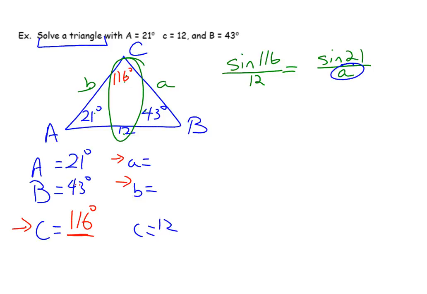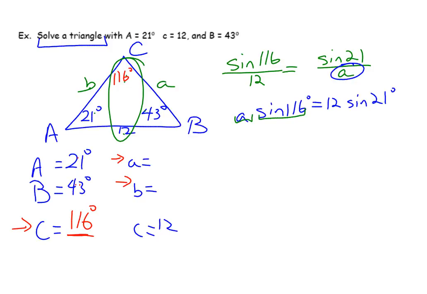Now to solve for that side, don't we first cross multiply to get rid of fractions? So I get a times the sine of 116 degrees is equal to 12 times the sine of 21 degrees, okay? Now that I don't have any fractions, notice I just have a times the sine of 116.